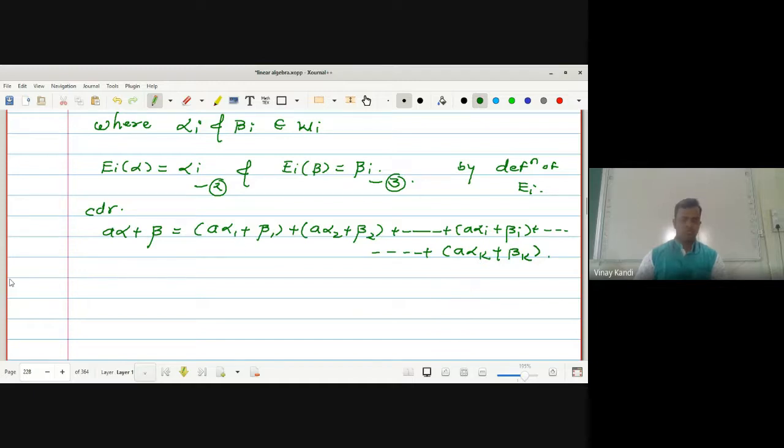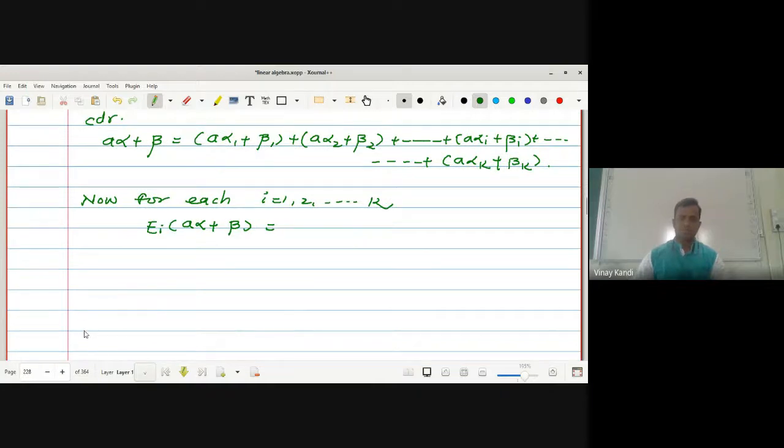Now for each i running from 1 up to k, E_i of a alpha plus beta is equal to what? What will be the mapping of this vector? The ith coordinate, the ith term, a alpha_i plus beta_i, by definition. Is it correct? Yes, sir.